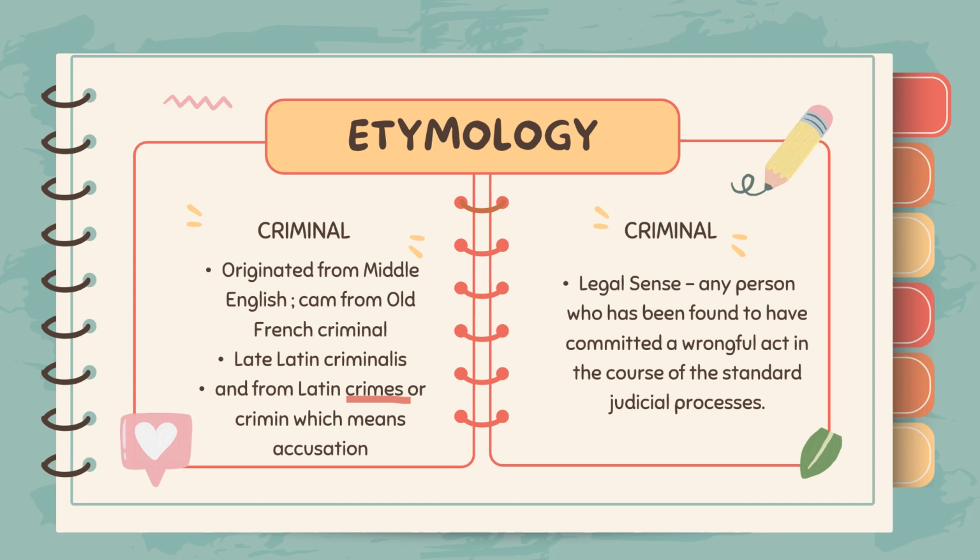And criminal can be defined in two ways, legal sense and criminology sense. In legal sense, a criminal is any person who has been found to have committed a wrongful act in the course of the standard judicial process, whereas in criminology sense, it is a person already considered a criminal the moment he committed any antisocial act, even without conviction.